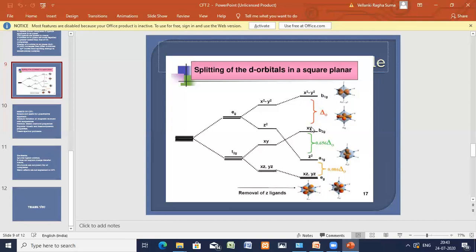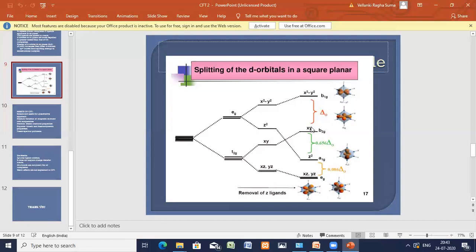After the splitting, these are the terms which should be known. If the d orbitals of the penultimate shell are used in the bond formation, then the complex is an inner orbital complex. If the n-1 d orbital is used in the bond formation, then that is the inner orbital complex. They experience low spin.